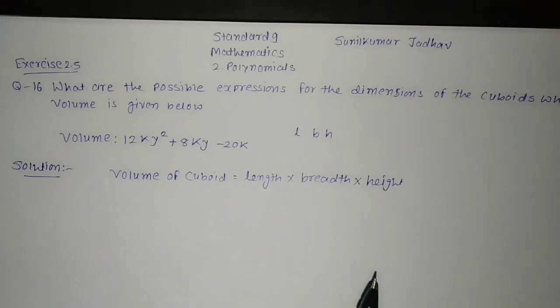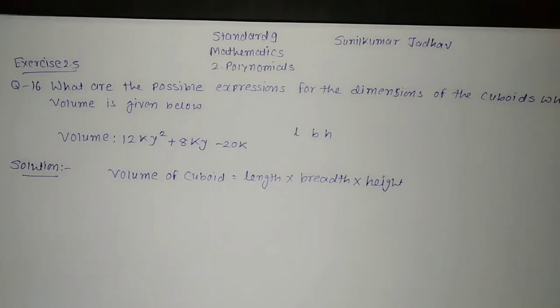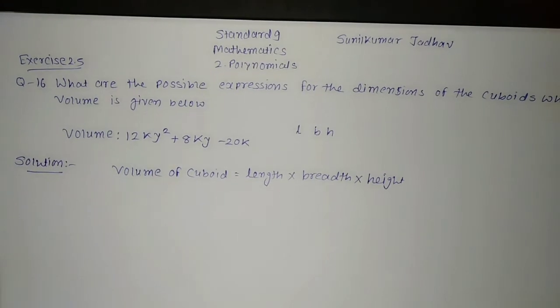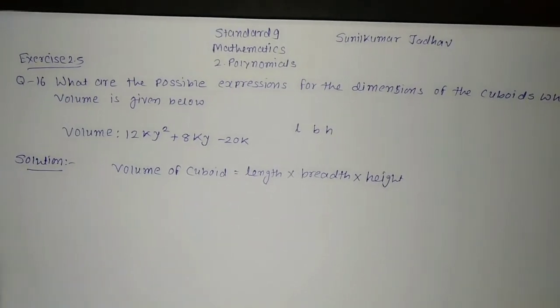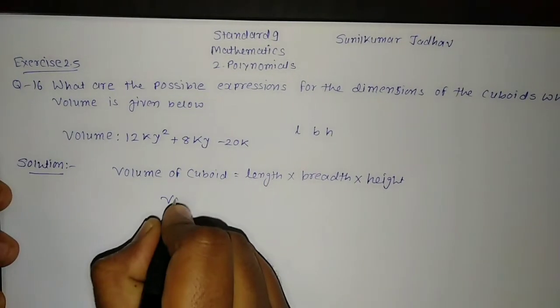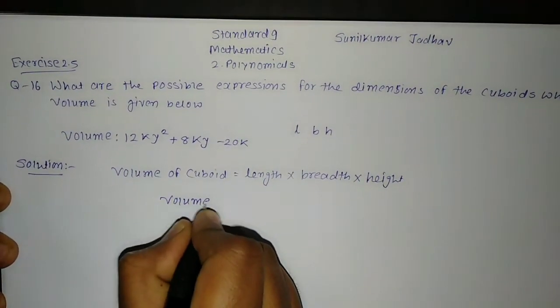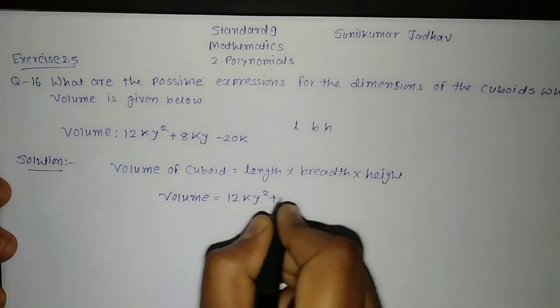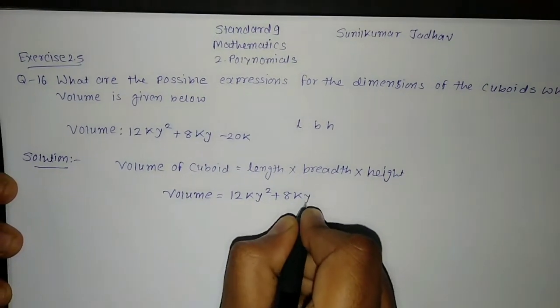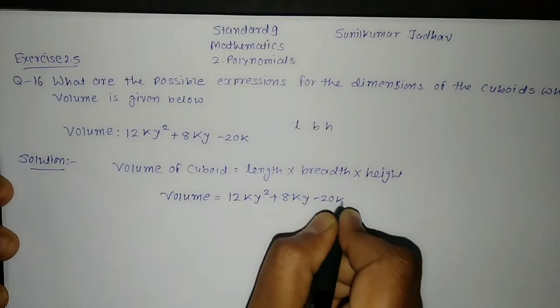If we get three factors, one will be considered as length, another as the breadth and another as the height. So let us try to factorize this given expression. Volume is given as 12ky² + 8ky − 20k.